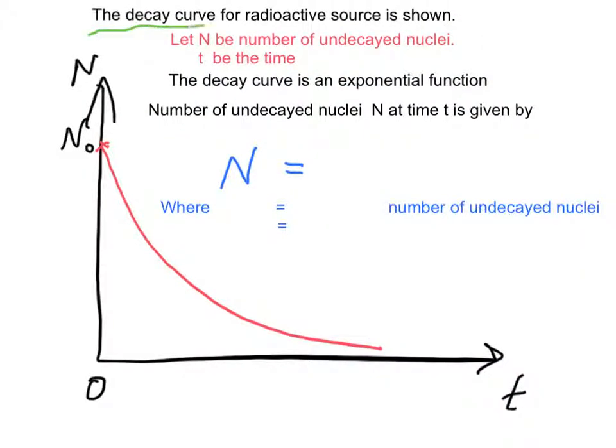The decay curve for a certain radioactive source is shown in the diagram. Let n be the number of undecayed nuclei, T be the time taken.